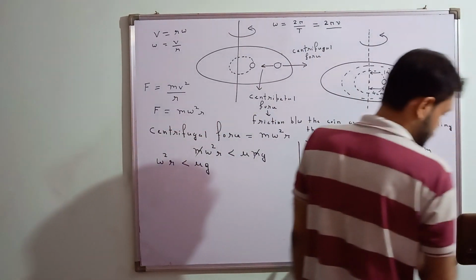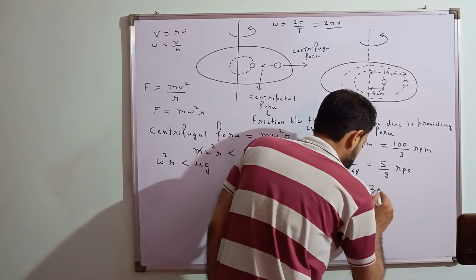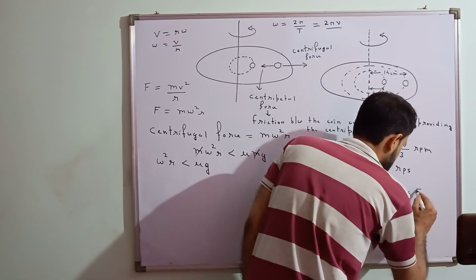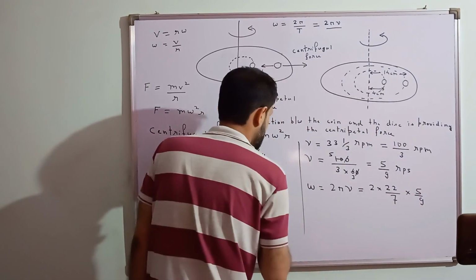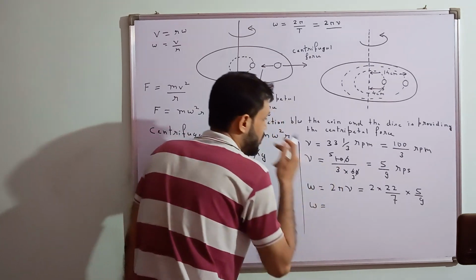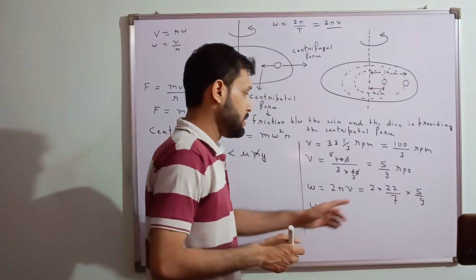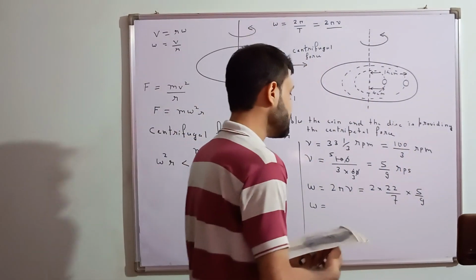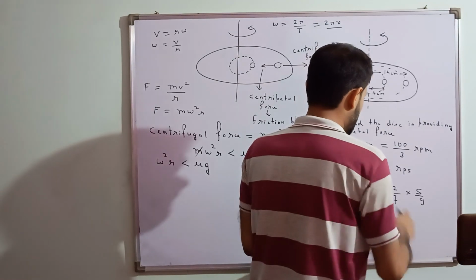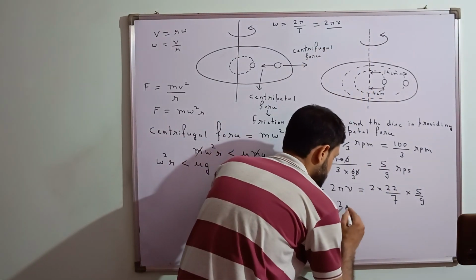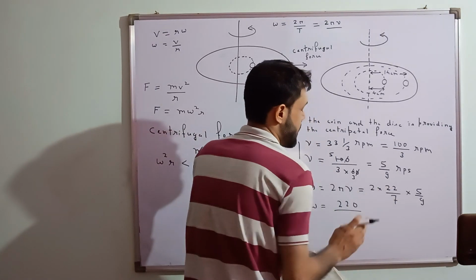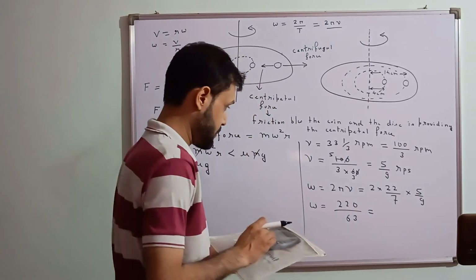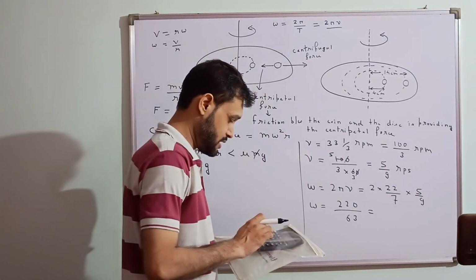So can you find the value of omega? Put the value. Pi is 22 by 7 and nu is 5 by 9. You solve the value of omega. How much are you getting for omega? It is 22 into 10, 220 divided by 63.